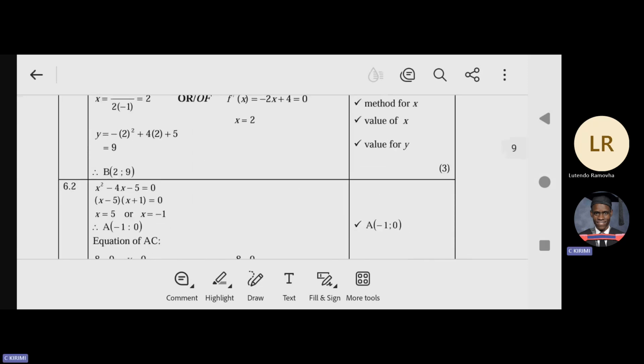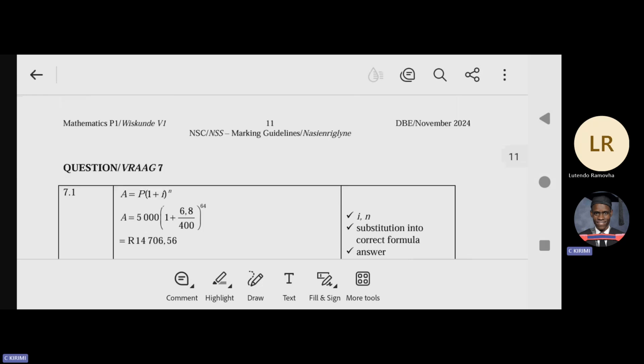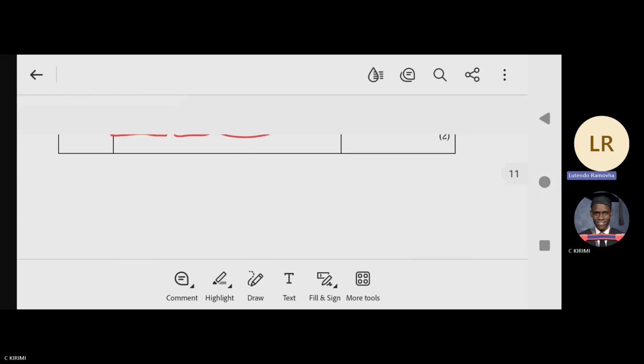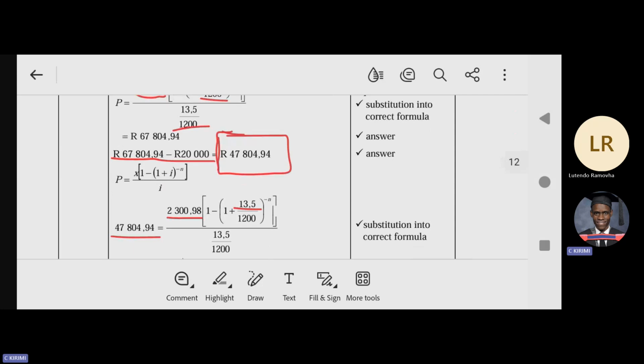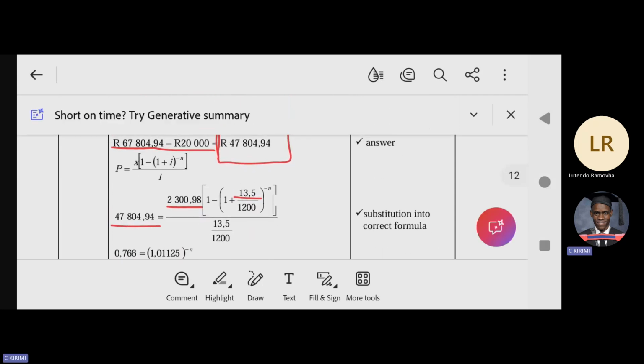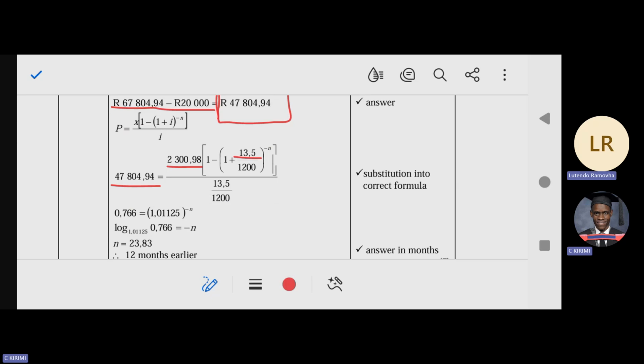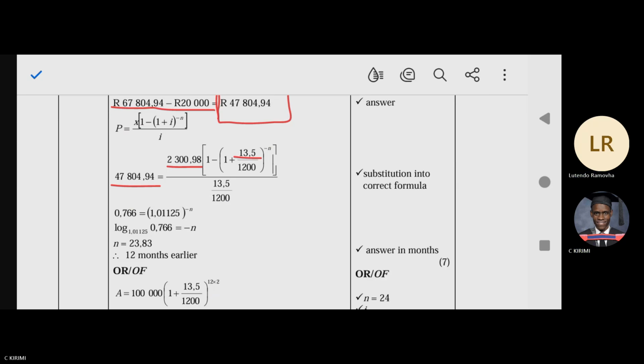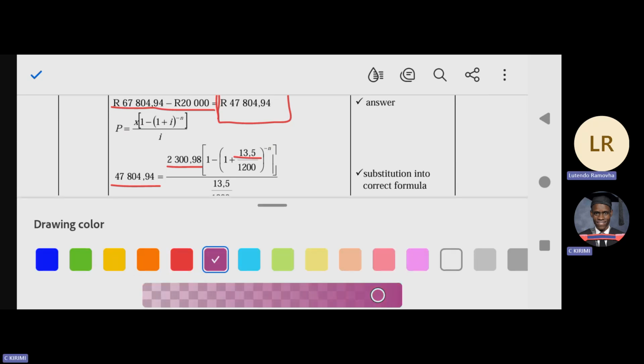Which is 7.1.3. So now, if you do your substitution very well and correctly, let me assist you there. Let me put it in green or purple.